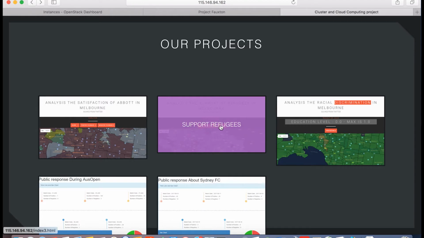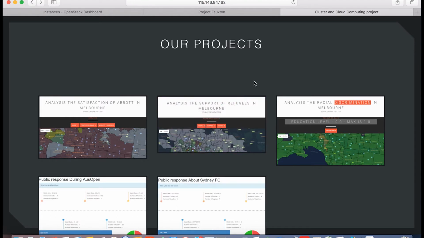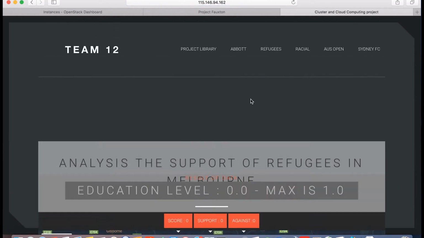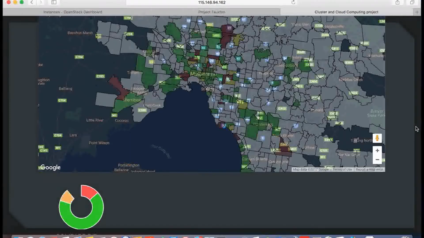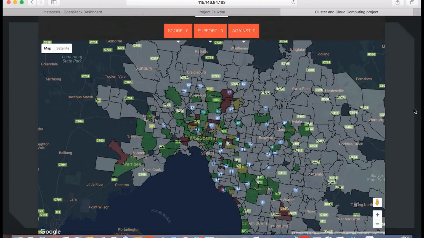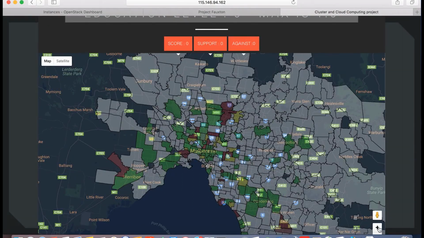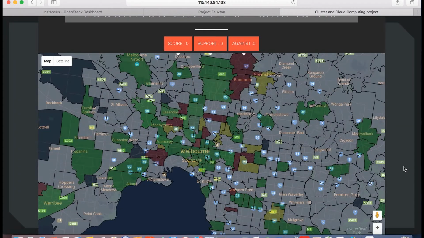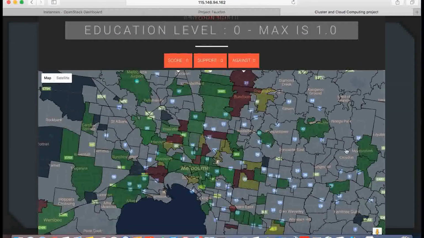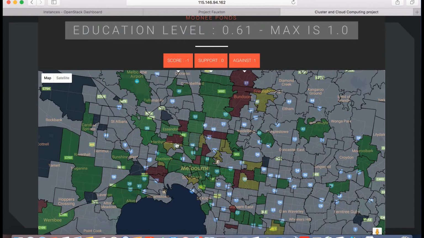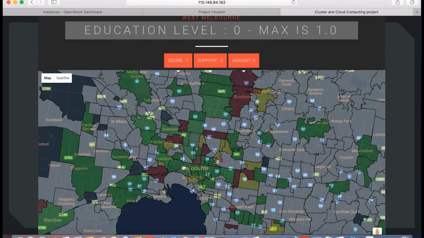Our next topic is to analyze the public support for the refugees. With no surprise, we can see from the map view that in most of the suburbs the colors are filled in green, which means most of the people would like to help the refugees.